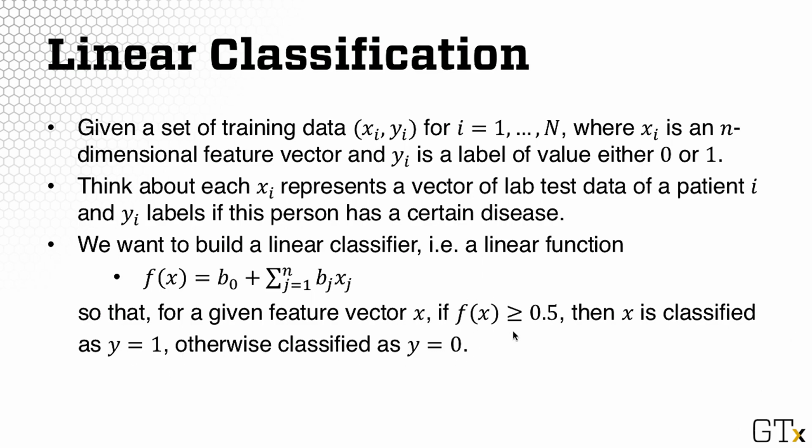Otherwise, if f(x) is less than 0.5, then we classify the patient as not having the disease, so we label it as 0. So this is a linear classification problem. It's called linear because the classifier is a linear function of the feature vector x. The problem is we need to determine the b's. These are the variables we want to determine, and that will give us a linear classifier.